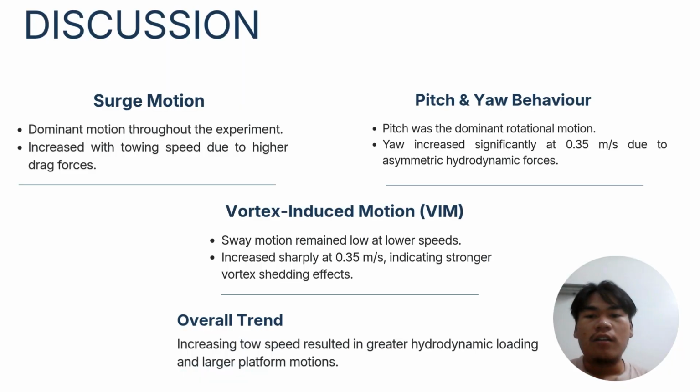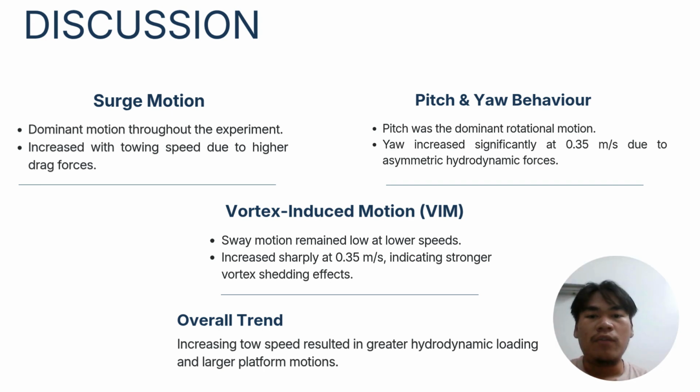So for this slide, we have 4 things to discuss, which is surge motion, pitch and yaw behavior, vortex-induced motion, and overall trend. So for surge motion, it was the dominant motion throughout the experiment and increased with towing speed due to higher drag forces.